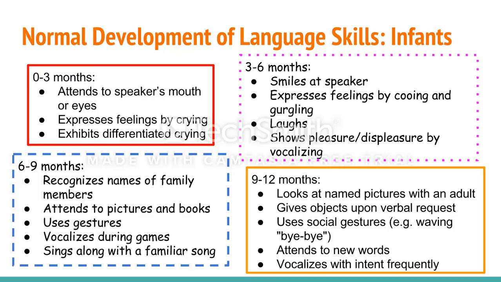This is collectively known as joint attention, which is very important for the development of your child's language. They will give objects upon verbal request, and they will use social gestures such as waving bye-bye, and they will attend to new words and vocalize with intent frequently.